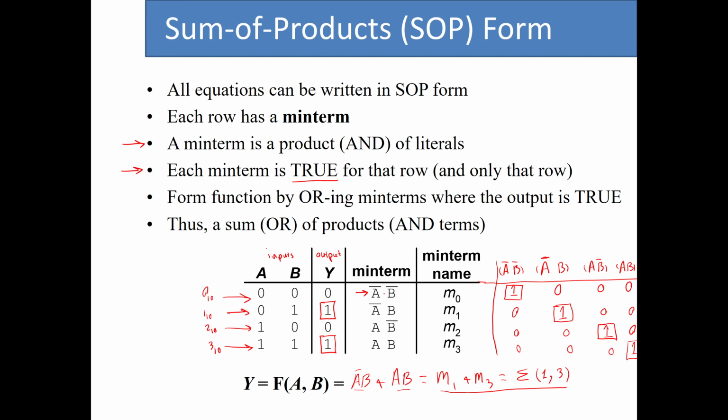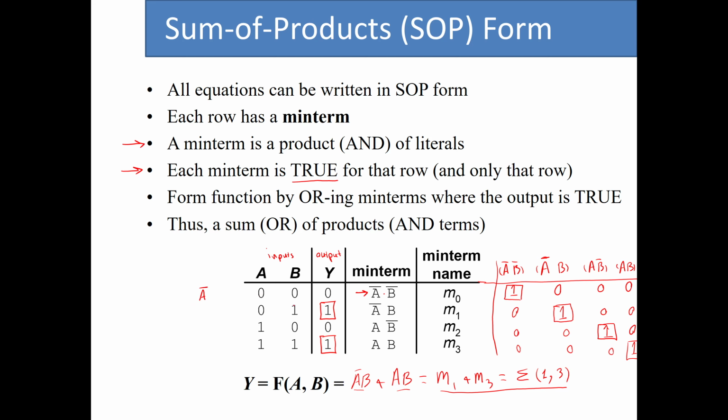So how can you create these minterms? It is easy. Let me just erase this. To find out the associated minterm for each one of these rows, take a look at the variables for each one of these rows. If the variable is 0 for that specific row, in its minterm we have the variable with a bar.